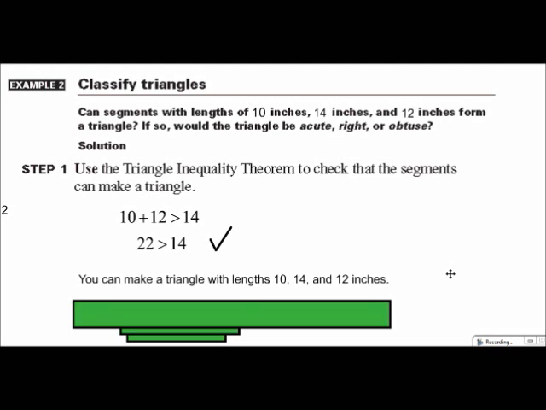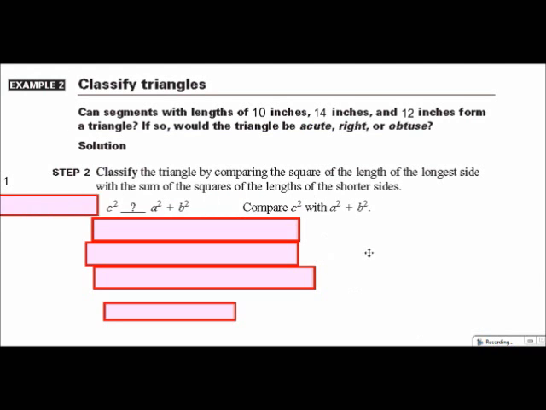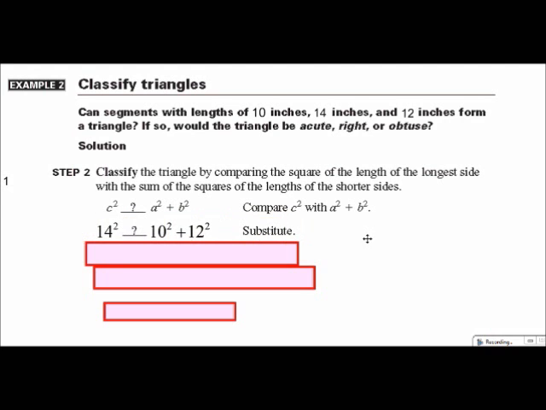Next, let's check and see what kind of triangle it is. Acute, right, or obtuse. Again, to classify it, we'll be comparing C squared to A squared plus B squared, and see whether C squared is less than, greater than, or equal to A squared plus B squared. So our C will be our biggest side, 14, and then the A and B will be the smaller sides. We've got 14 squared on this side all by itself.